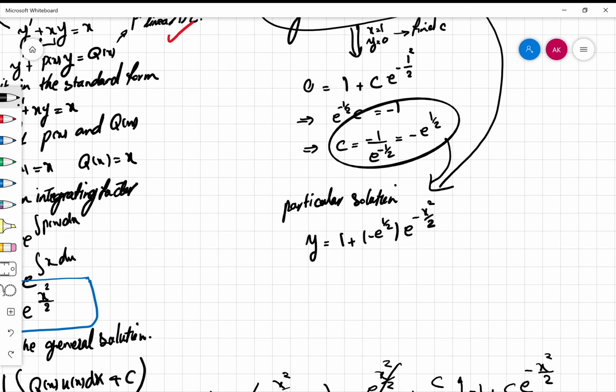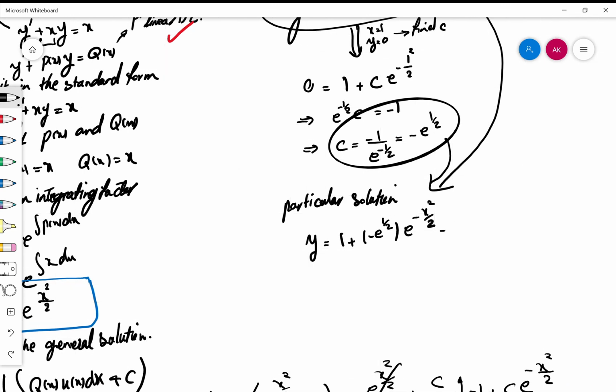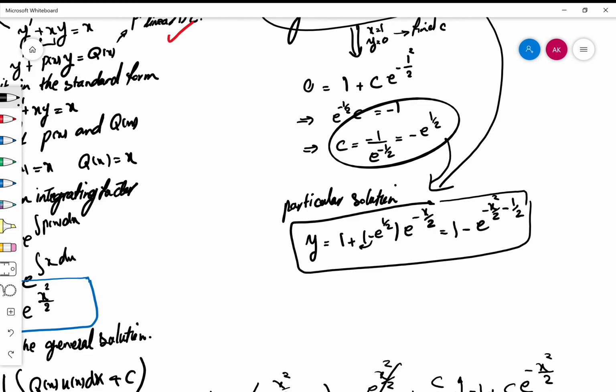If I want to simplify it a little bit, you see that e to the power half times e to the power negative x squared over 2, I can write as one term, and this minus sign comes out: e to the power minus x squared over 2 minus half. And that is the particular solution we were looking for.